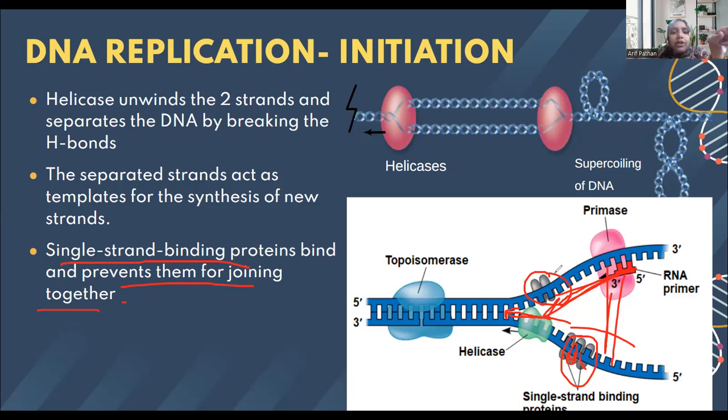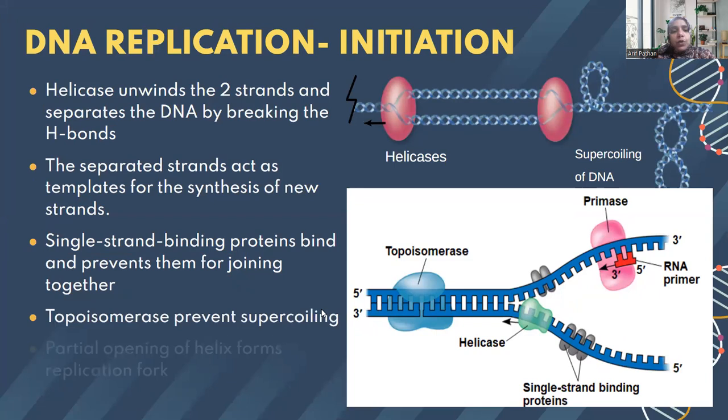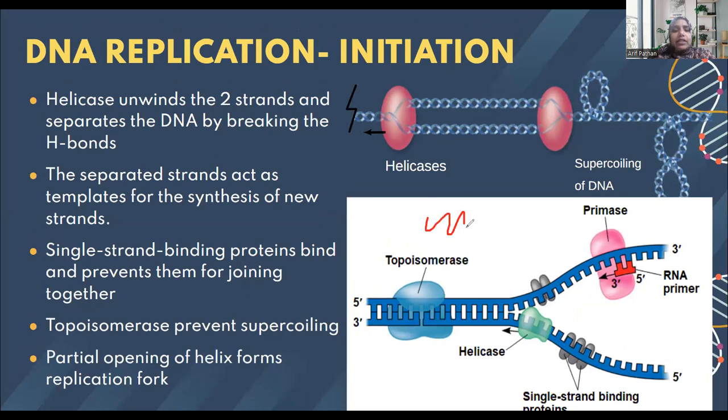Helicase will break the hydrogen bonds and topoisomerase will release the twist and coiling ahead of the helicase. Okay. And topoisomerase prevents supercoiling and partial opening of the helix forms the replication fork. So for a short period of time, this double helical structure which was twisted and coiled will open up till the replication happens.